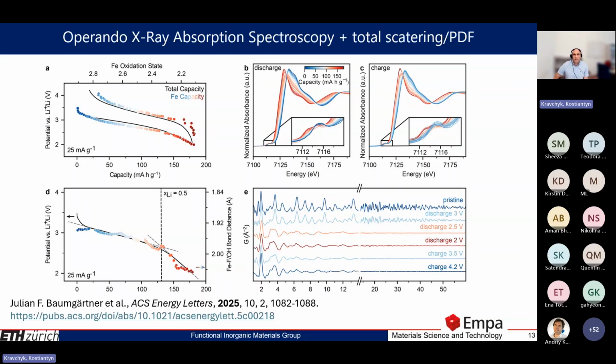In addition to XANES measurements, you can analyze the EXAFS region and calculate the coordination environment of the iron and determine the bond distances. In this case, for example, we were interested in bond distances between iron and anions, iron and fluorine.